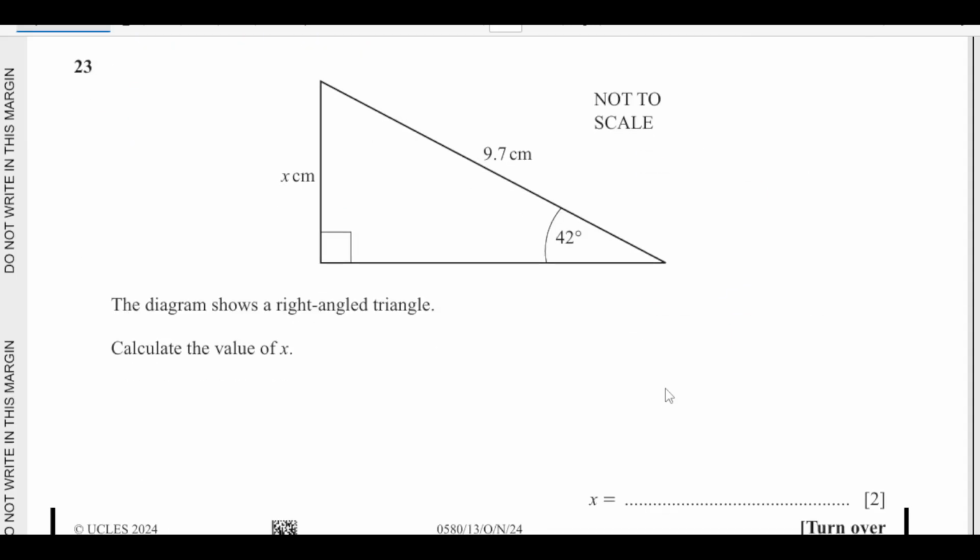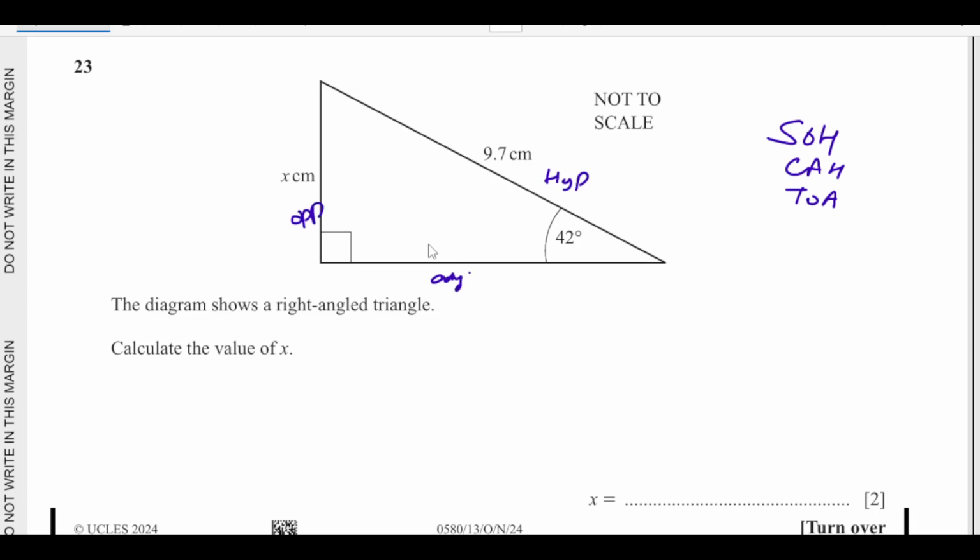Okay. Number 23, the diagram shows a right angle triangle. Calculate the value of x. This is a right angle triangle, so we can use SOHCAHTOA. I hope you all know that. So we need to involve x and this side. This is the side opposite to 90, the hypotenuse, and this is adjacent, and this is the opposite side.